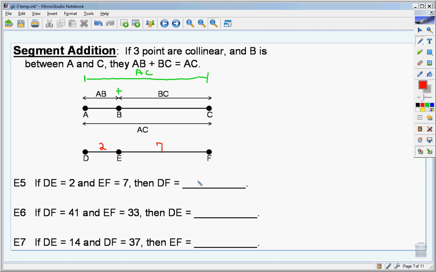Well, obviously, DF would be equal to whatever DE is, plus EF, in other words, 2 plus 7, which is what? 9.